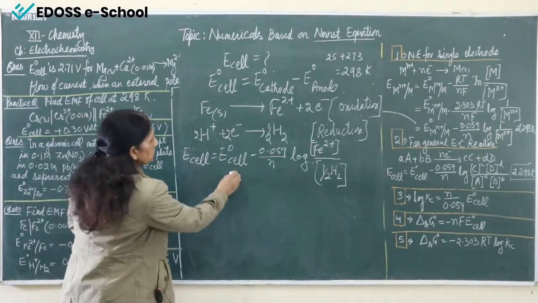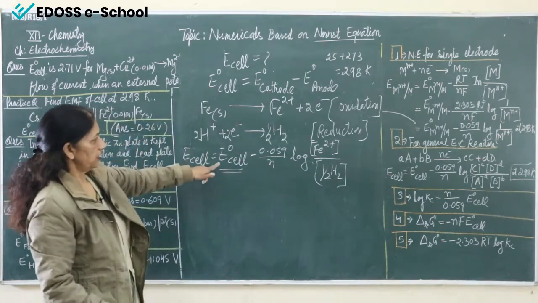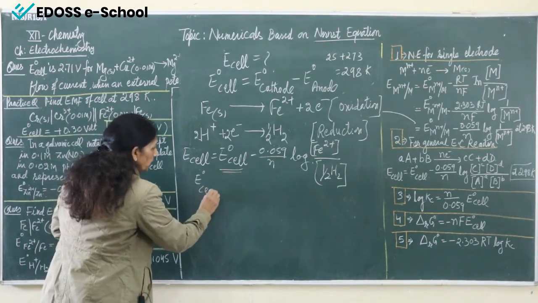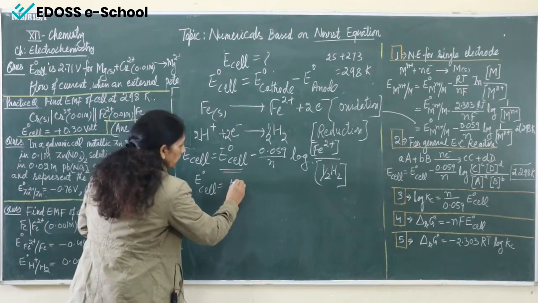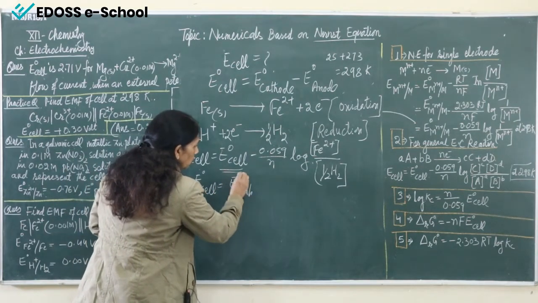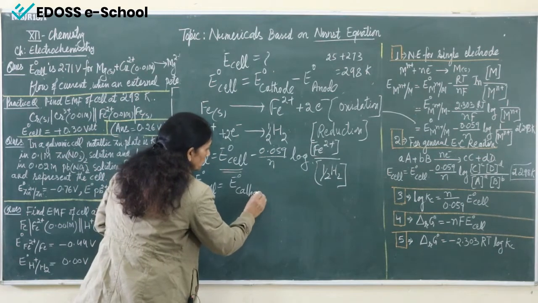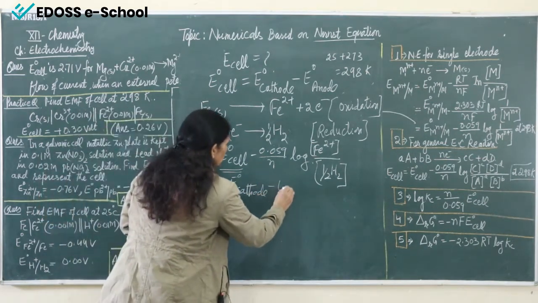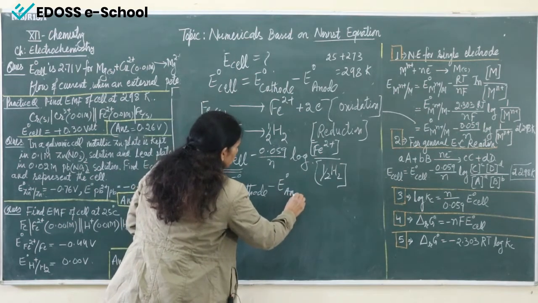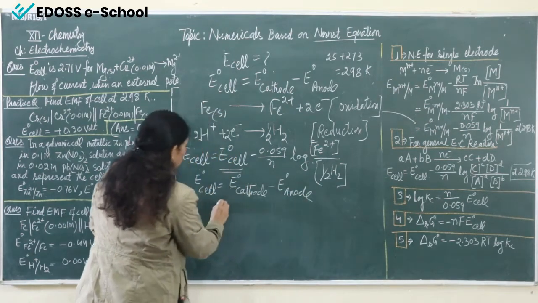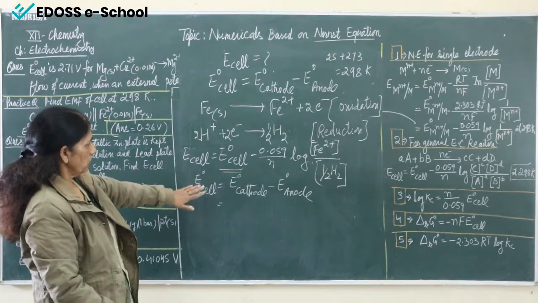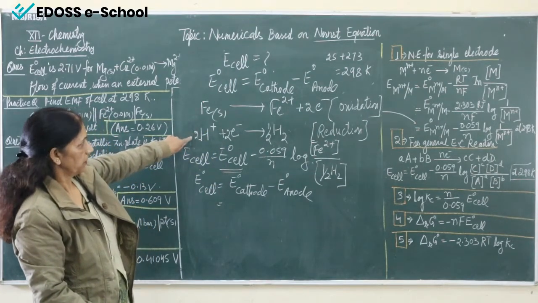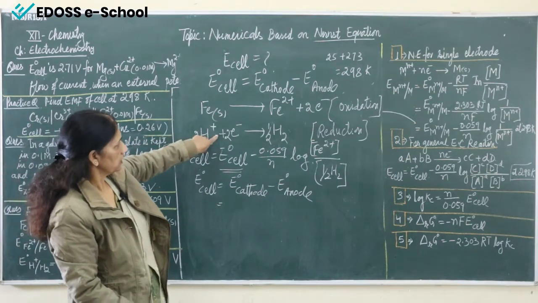Now the first important thing is that you have to find E naught of the cell. So how will we find it? I have already made it clear to you that E naught of the cell is E naught of the cathode, we have to use the word naught, this is the standard value, minus E naught of the anode. Now the cathode is hydrogen, because this is gaining electron.